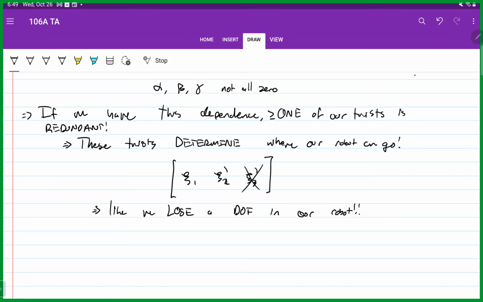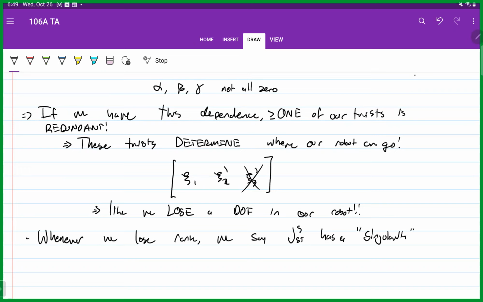We may as well not even have that xi3 prime in there if we're losing this rank, because that's determining all these different directions our robot arm is able to move. Okay, so that's conceptually what this idea of a singularity is. Whenever we lose rank, we say J_st_s has a singularity.